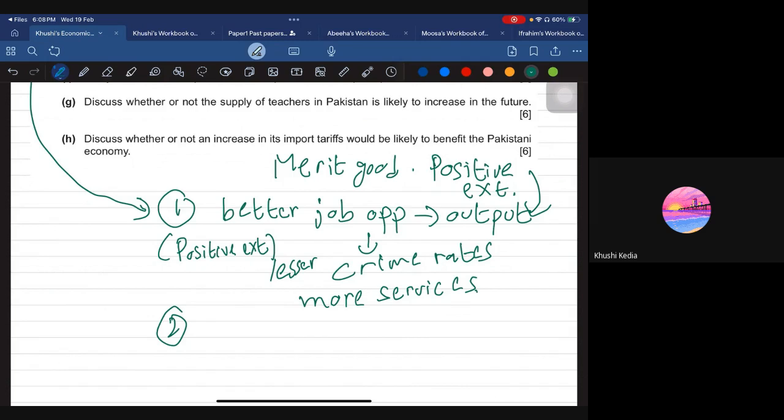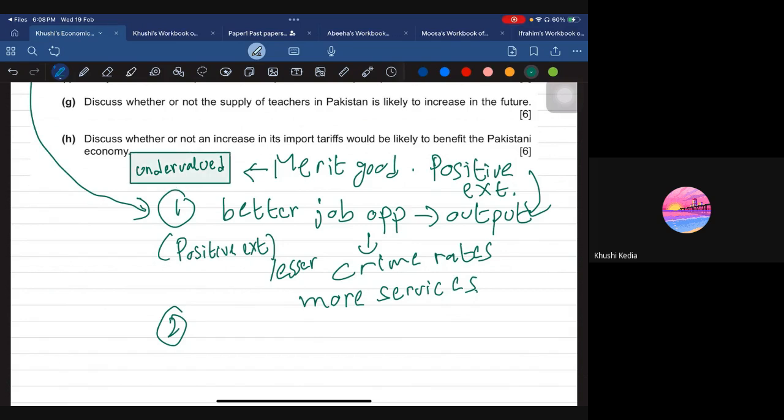If you have to define merit good, how would you define it? I would define merit good as a product which consumers don't generally realize how beneficial it is, and therefore it would be underproduced if there is no government intervention, and it generates positive externalities.